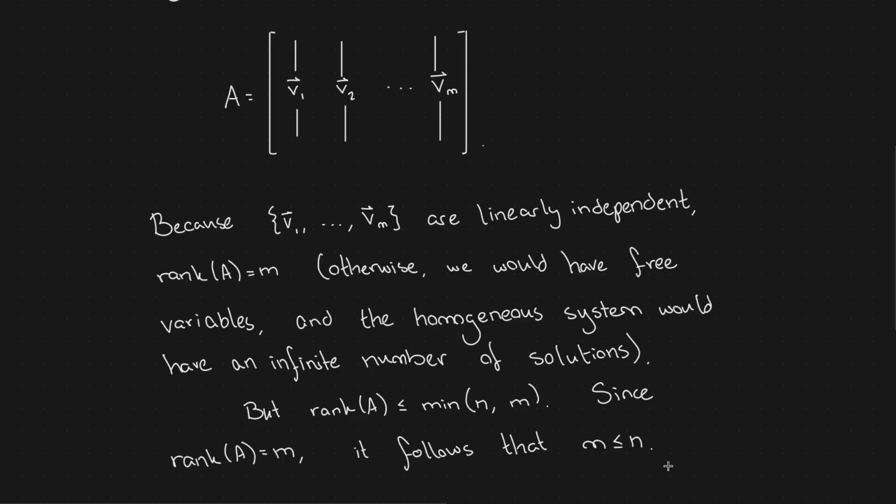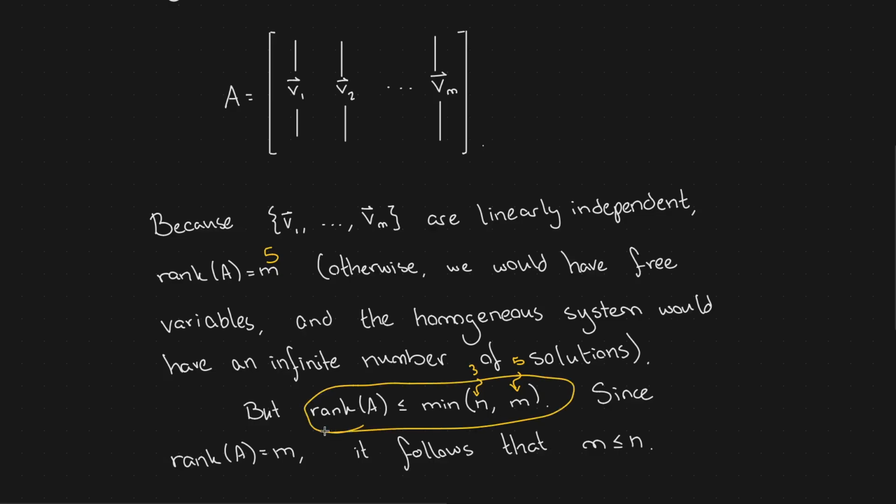Let me explain that a little more thoroughly with concrete numbers. Say m is 5. We know that the rank of A is equal to 5. Now say n is smaller than 5. Say n was 3. We know from here that the rank of A is equal to 5 because 5 is the number of rows, right?